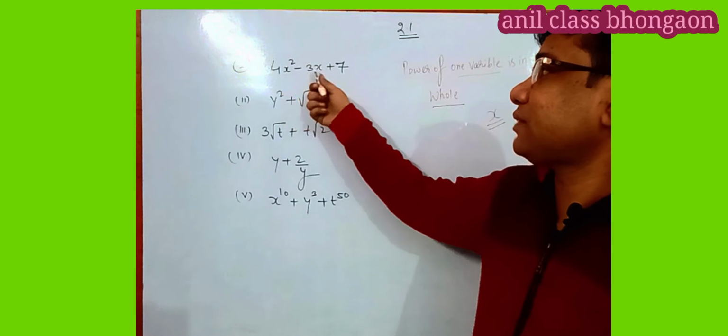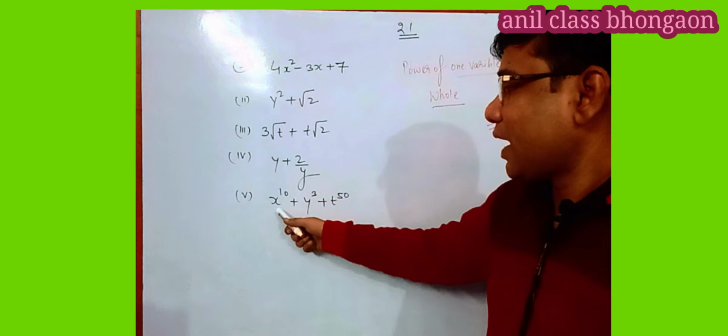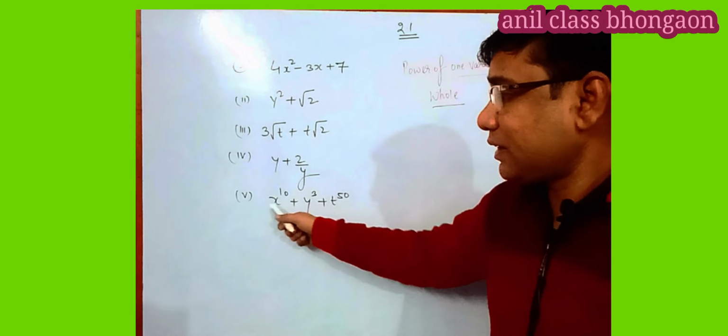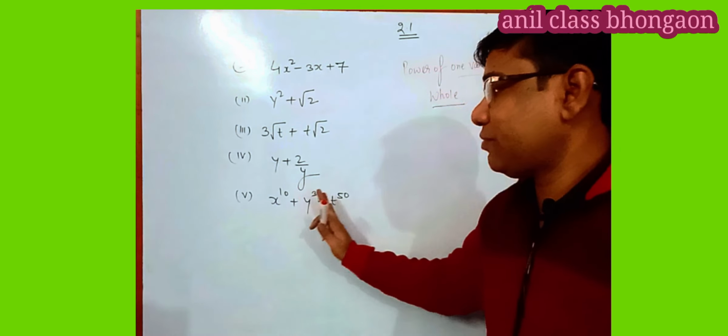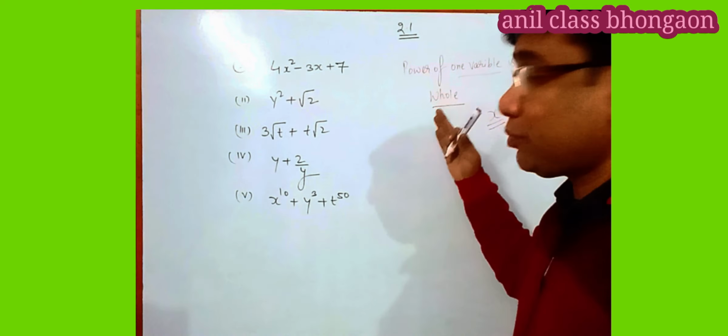You can see x, y, t, y, x, y, t. Is it different? This is different, this is different, this is different. So you can say which is polynomial.